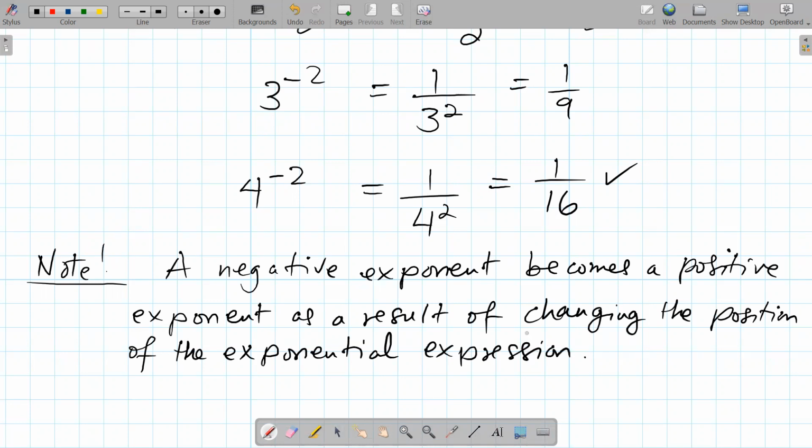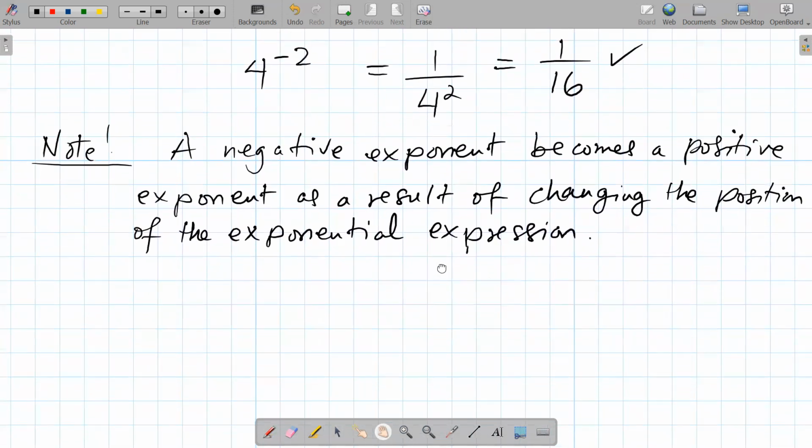When I talk about position, I'm talking about the denominator and the numerator. So if it was a negative exponent in the numerator, it comes to the denominator and it becomes what? A positive exponent, and vice versa. If it is in the denominator, it goes to the numerator, it becomes what? A positive exponent. So let's put it in general.